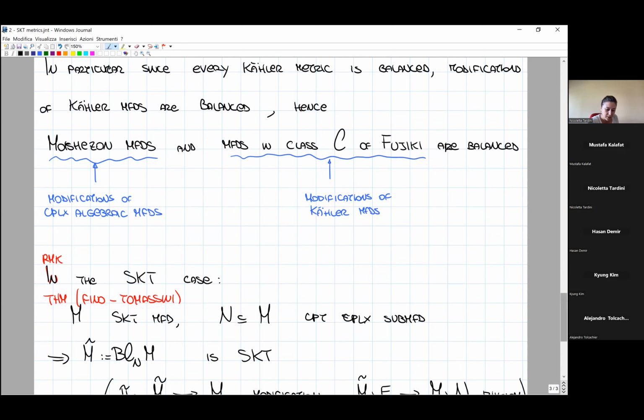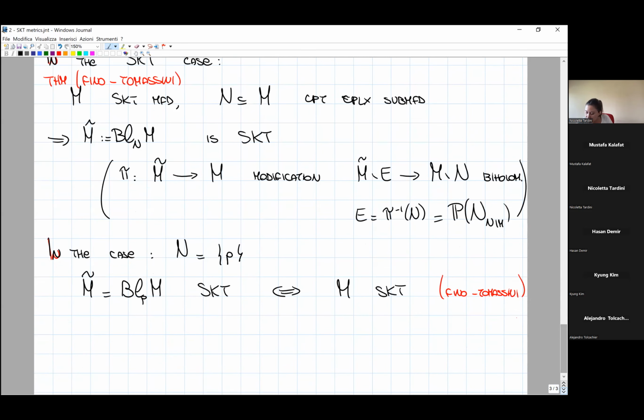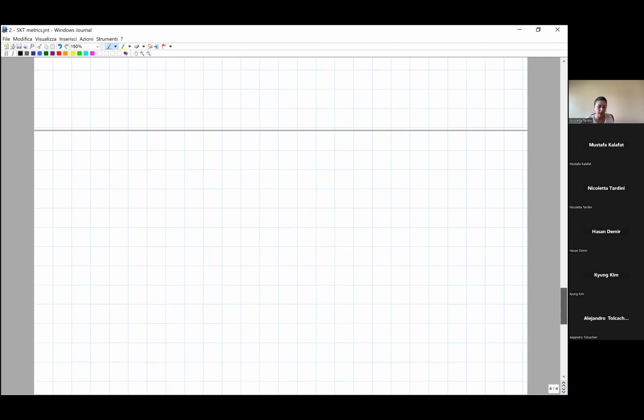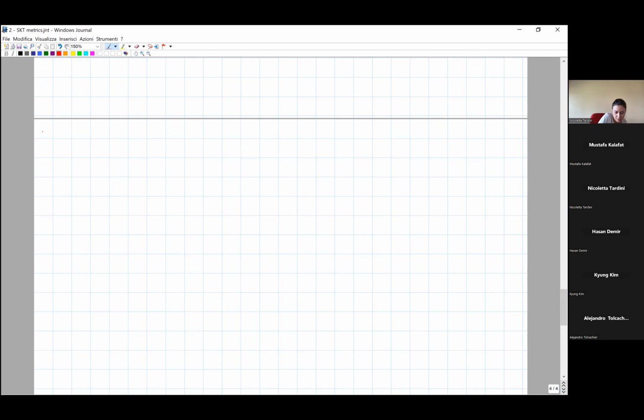Why I wanted to say something about balanced metrics in relation to Kähler metrics and SKT metrics is that, first of all, we have the following theorem, due to Alexandrov and Ivanov in 2001.